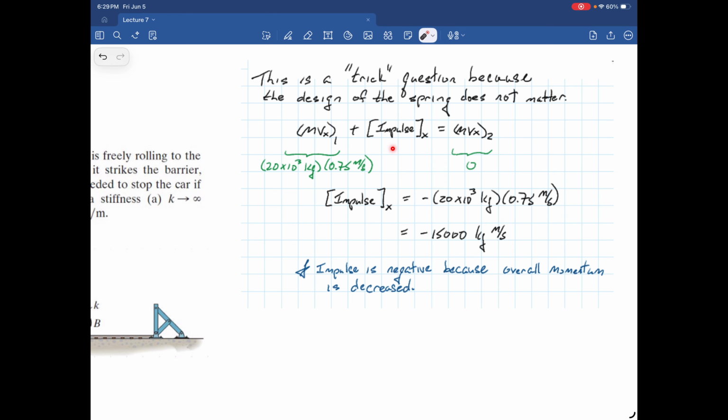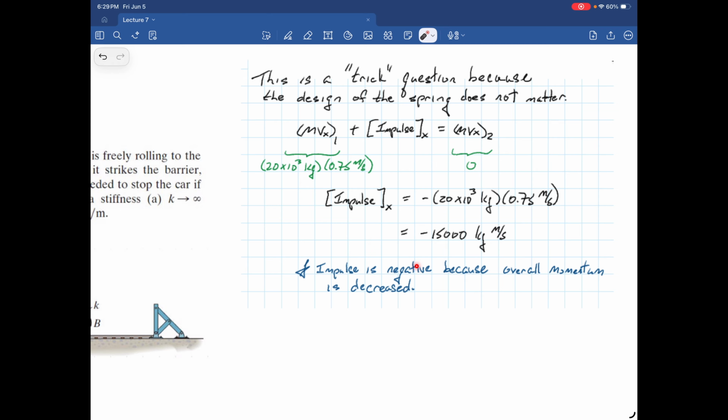Then there's going to be some impulse applied to it, which is going to bring the momentum to 0. So essentially the impulse is the opposite of the incoming momentum. So I bring this to the other side, minus 20 times 10 to the 3 times 0.75 meters per second equals minus 15,000 kilogram meters per second.